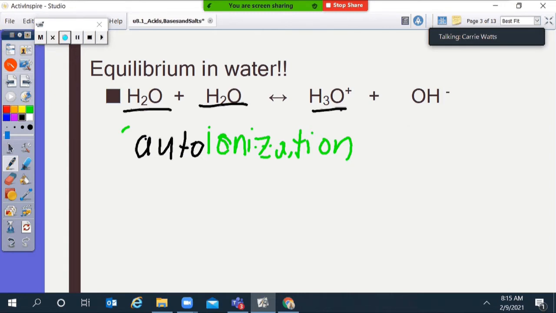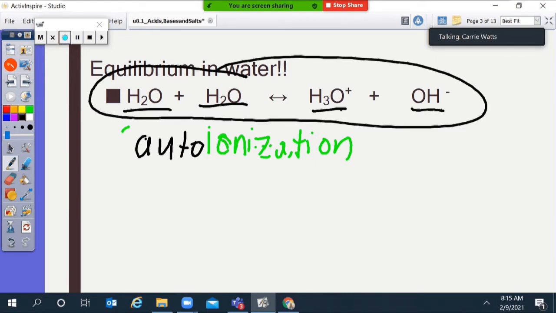Okay, this happens to be an endothermic reaction. And remember, endothermic reaction means that the delta H will go on the reactant side.